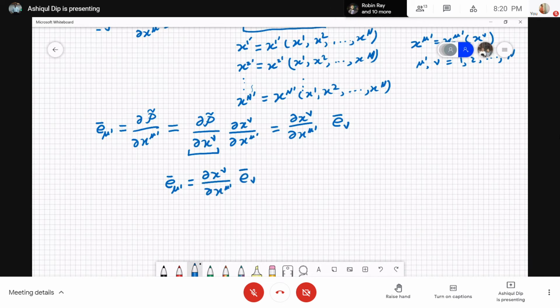As you can see, it's a linear relation. The older vector basis and newer vector basis are related linearly, just by this matrix. So it will be a tensorial object as well.